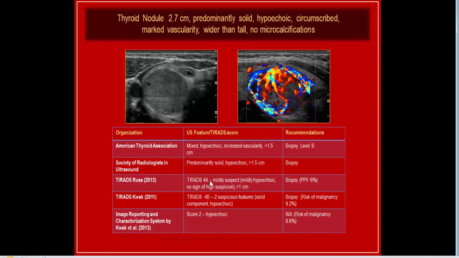TI-RADS: 4A, mildly suspected, mild hypoechoic, no sign 5 suspicious, more than 1 cm, biopsy. Recommend Quack at 11: TI-RADS 4B, classification 2 suspicious feature, solid component, recommend biopsy. Quack at 13: score 2, hypoechoic, nothing done.